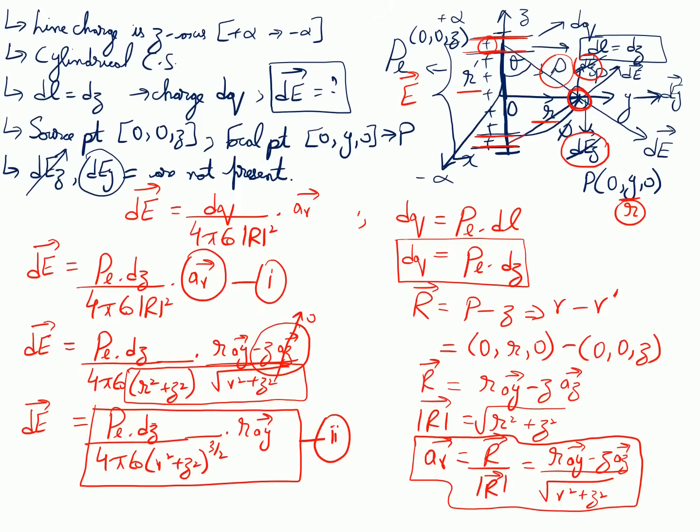In order to find the overall electric field, we take the integral of equation number 2. Let me write equation number 2 again. This is the differential element, rho of L dz divided by 4 pi epsilon naught, r square plus z square to the power of 3 by 2, and the unit vector is r a_y.